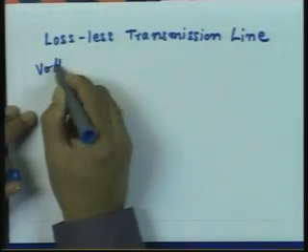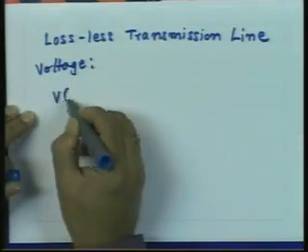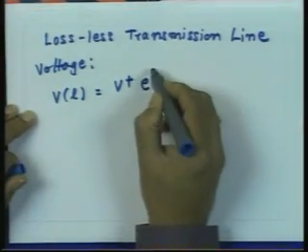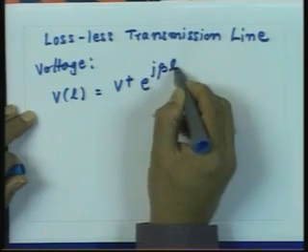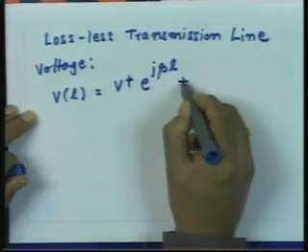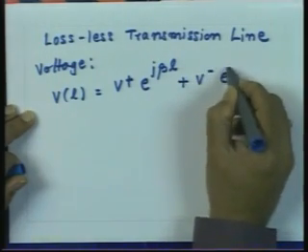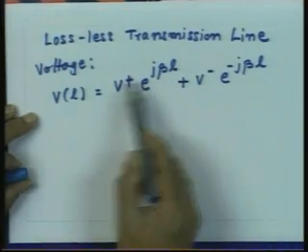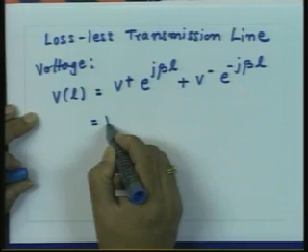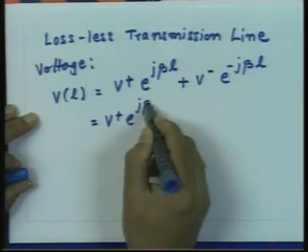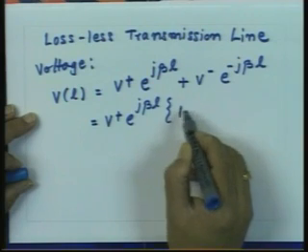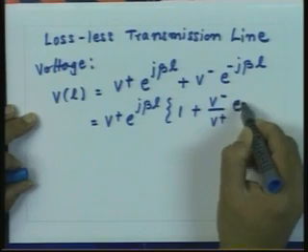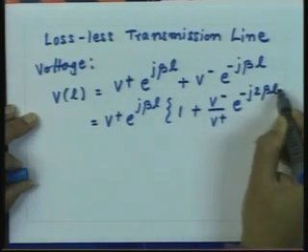So, the voltage is V as a function of L, that is equal to V plus e to the power j beta L plus V minus e to the power minus j beta L. By taking e to the power j beta L common, the same thing can be written as V plus e to the power j beta L into 1 plus V minus upon V plus e to the power minus j 2 beta L.